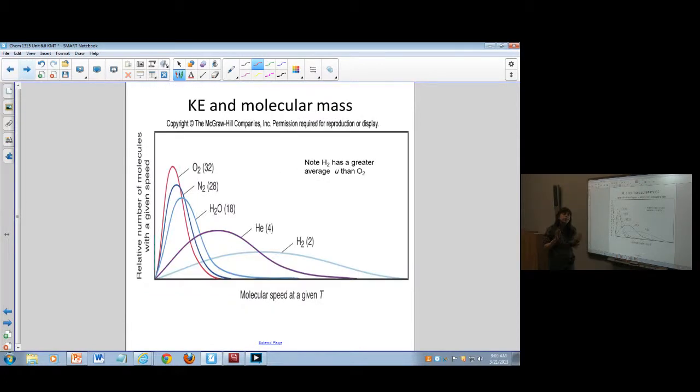Well, again, it has to do with averaging. So in this case, we have everything at some specific speed, and we have some number of molecules. In this case, O2, which is pretty heavy, has a relatively low molecular speed.